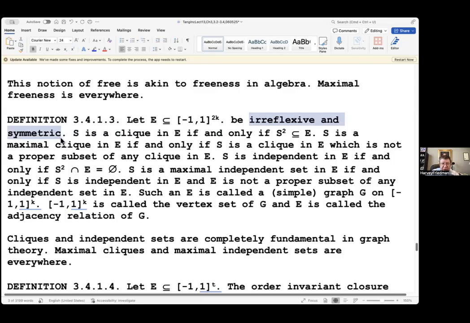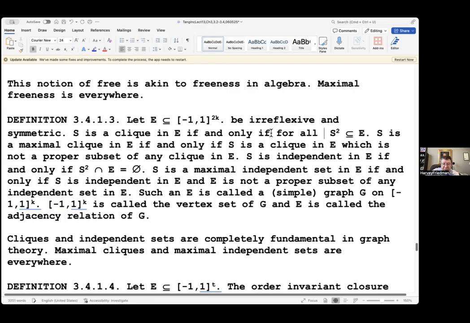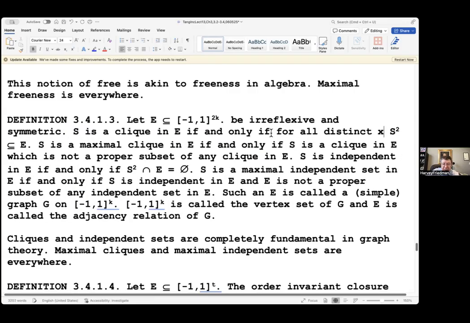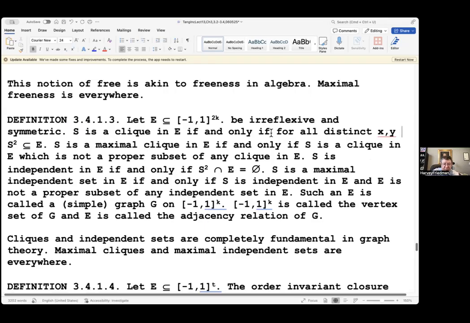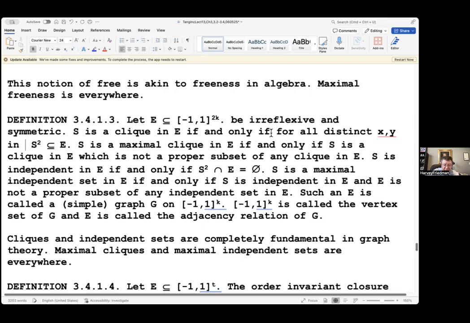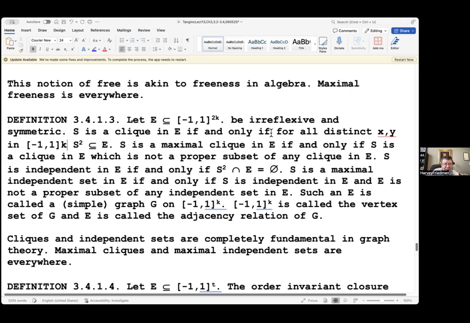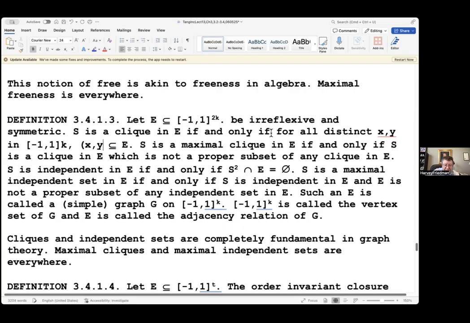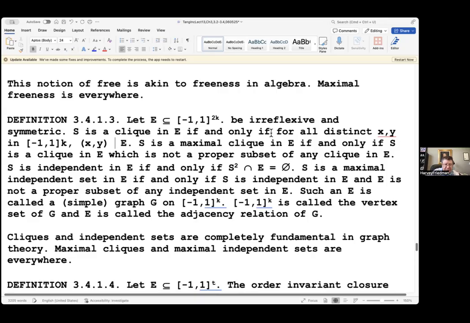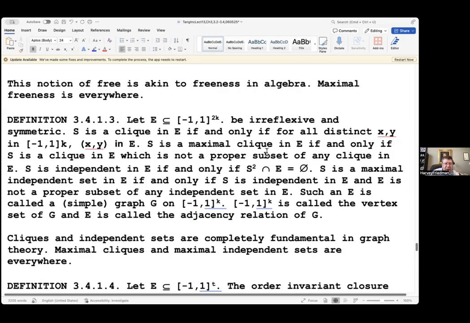A clique is the usual definition. S is a clique in E if and only if S squared is contained in E, and for all distinct X, Y, Z in S. All right.